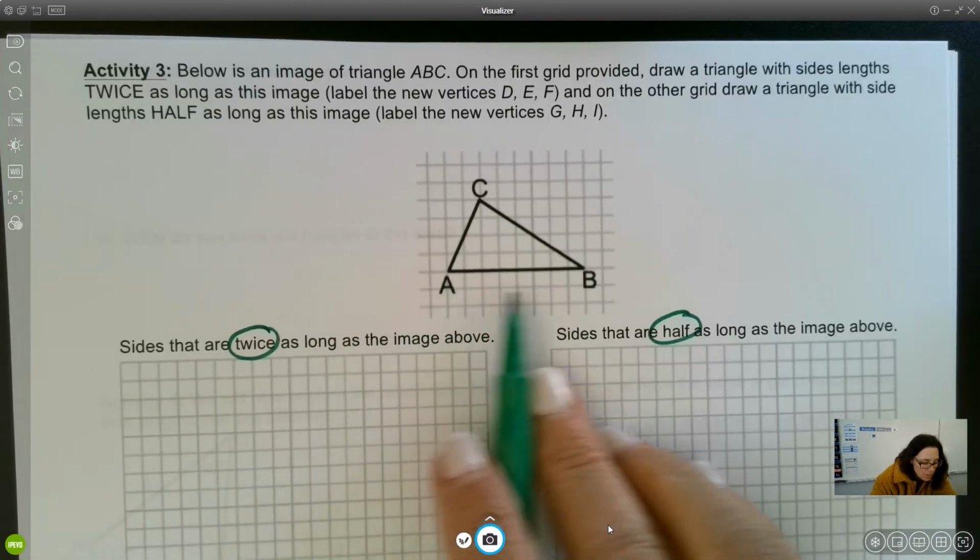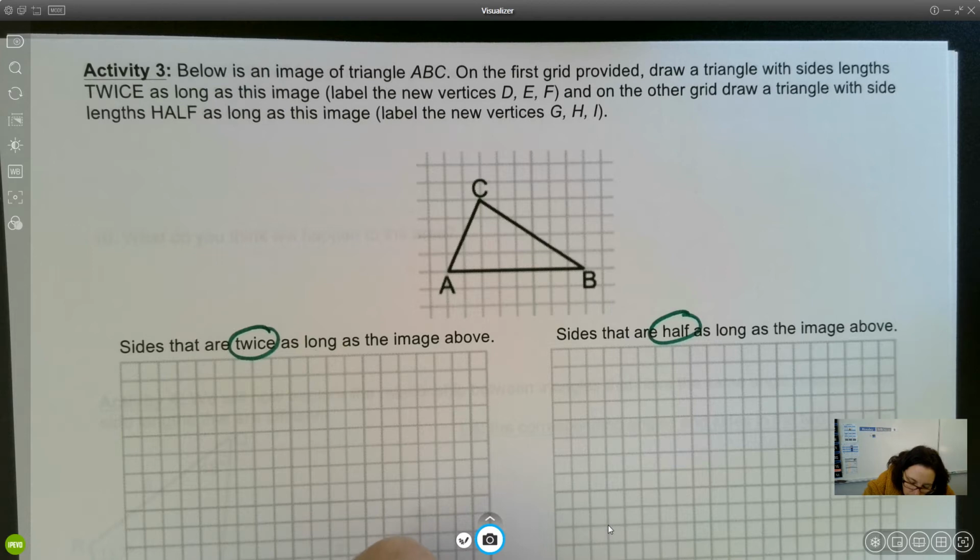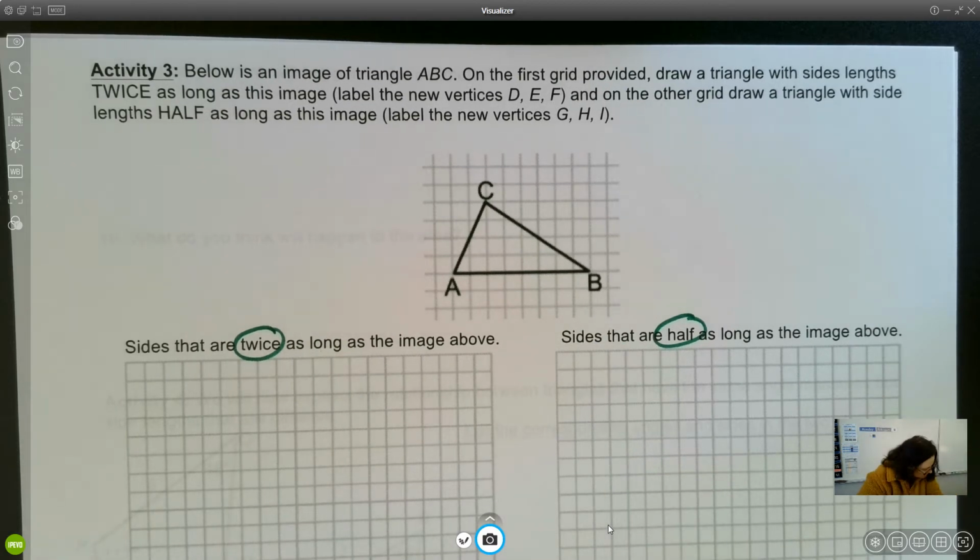So if we have this one, and it's 8 units, we need a 16 unit. 2, 3, 4, 5, 6, 7, 8, 9, 10, 11, 12, 13, 14, 16 units.